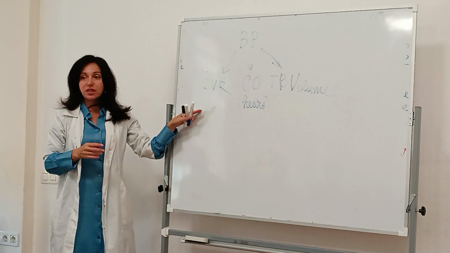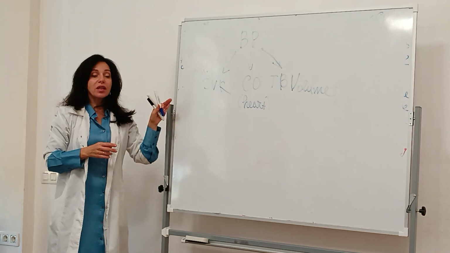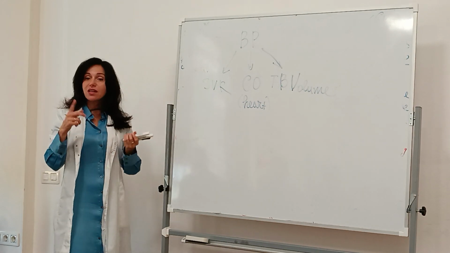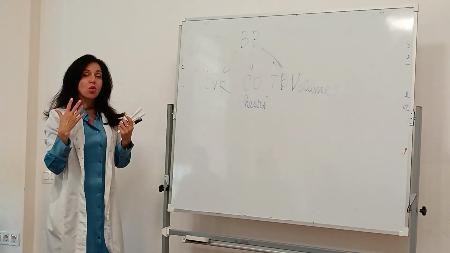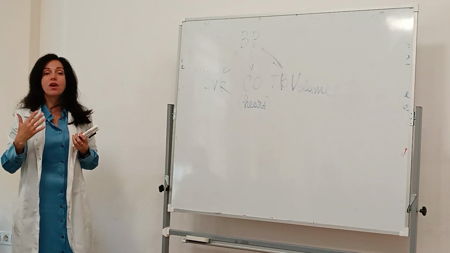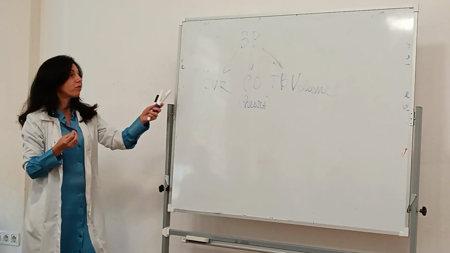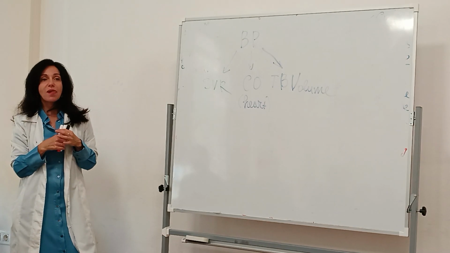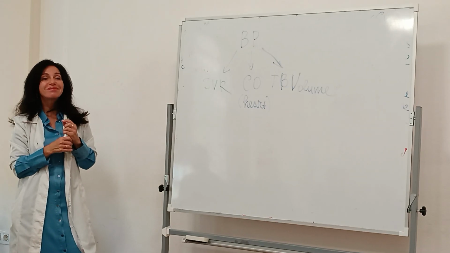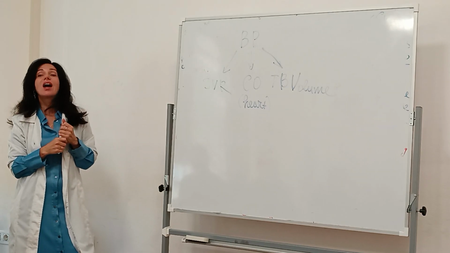Systemic vascular resistance, as I explained before, depends on length, viscosity, and diameter, according to the Poiseuille equation. Which factor is more important to make systemic vascular resistance? Volume of the blood vessel?